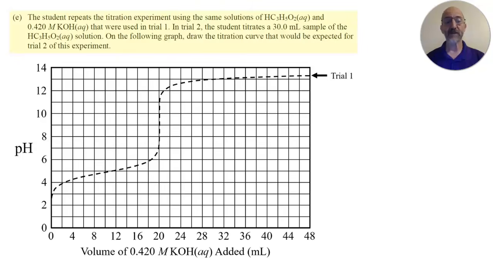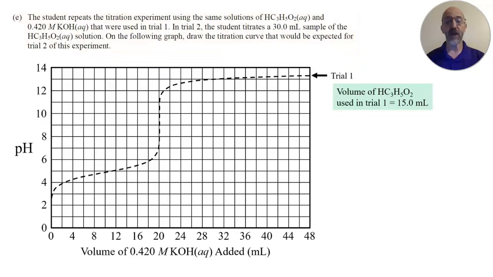So what's the difference between trial 1 and trial 2? Instead of 15 milliliters of the propanoic acid, in trial 2, the student titrates a 30 milliliter sample of the propanoic acid. So what we have to do in part E of question 9 is draw the titration curve that would be expected for trial 2 of this experiment.